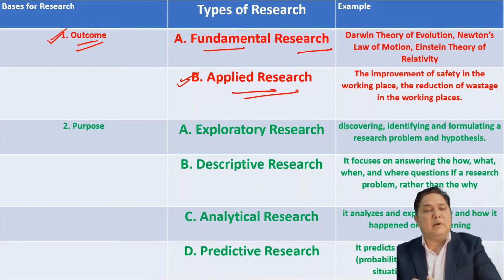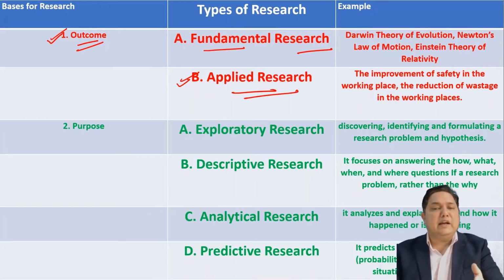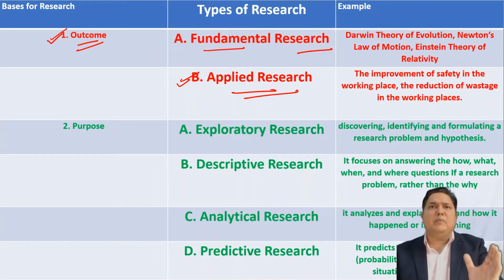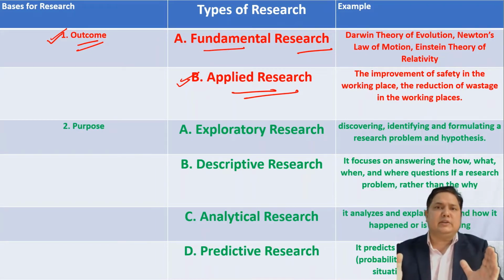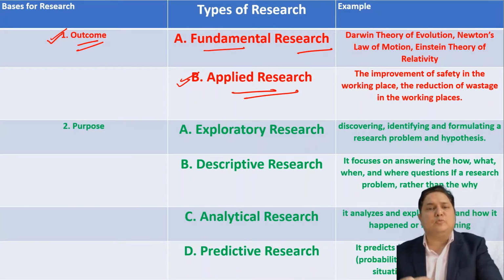It may be a workplace problem or a marketing problem, limited to that organization or similar organizations. So we apply our understanding of research, solve those problems and give the result. This is called applied research.